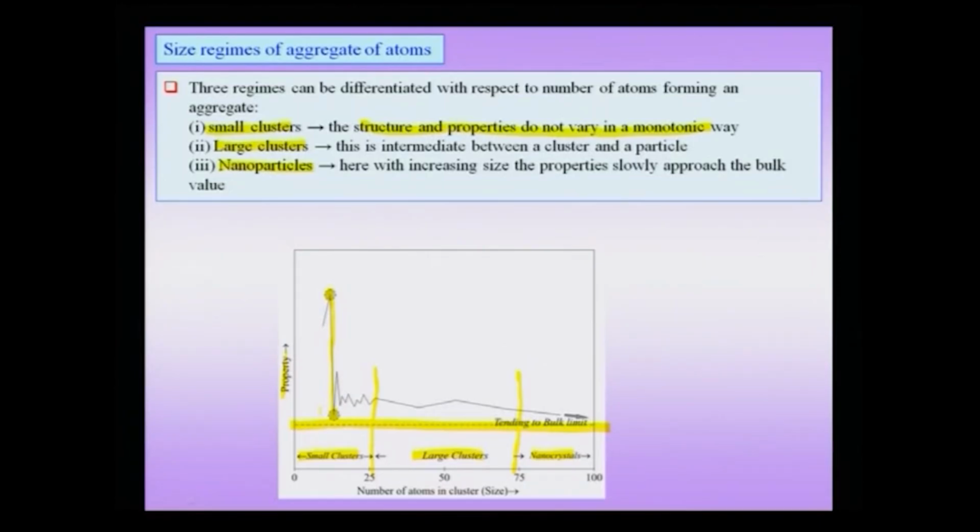Now, this could be, for instance, a stable configuration, this could be an unstable configuration, and hence the property could change very, very drastically by mere addition of one atom or the removal of an atom. So, if you track the property in this small cluster regime, you will see that actually it is undergoing large fluctuations.